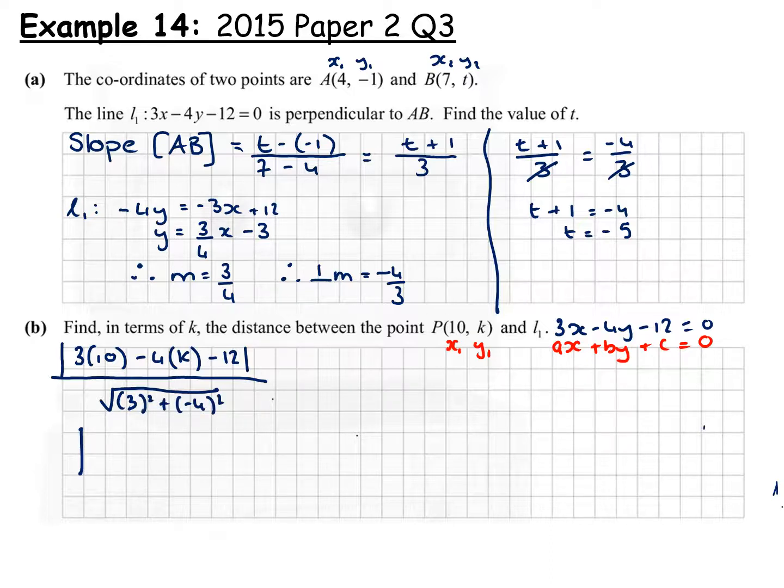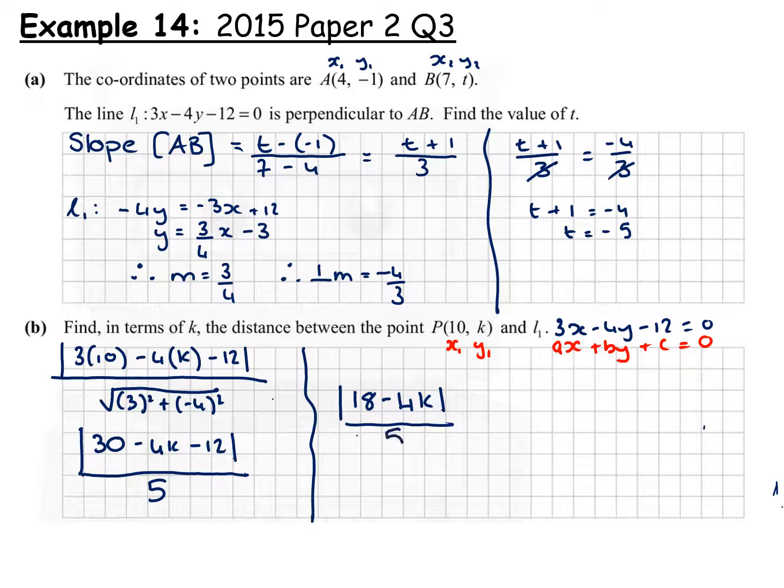Working that through, 30 minus 4k minus 12, all over the square root of 3 squared plus 4 squared, which gives me 5. Cleaning that up a little bit more, we get 18 minus 4k all over 5.